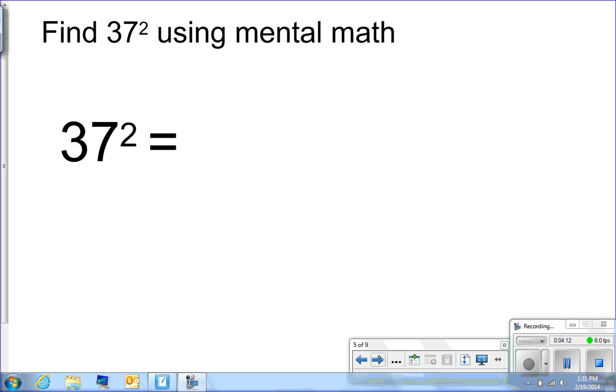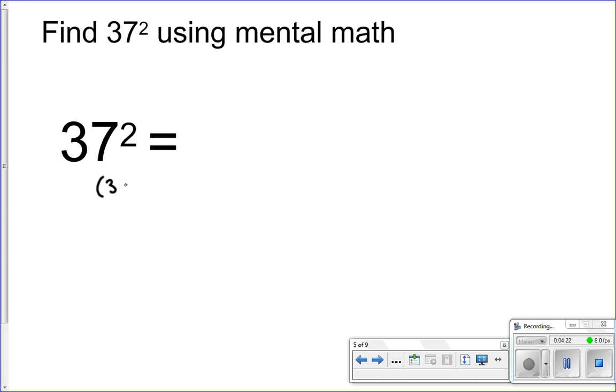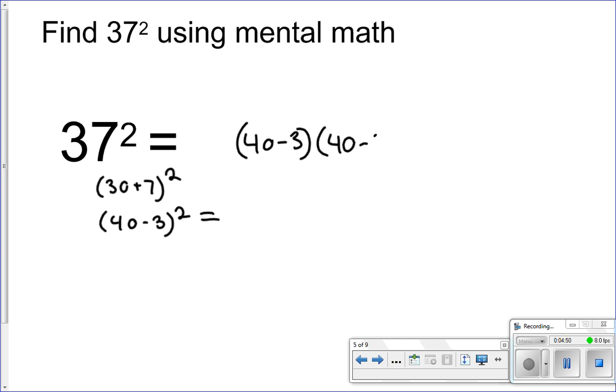Okay, so try this one on your own. If you're having trouble starting it, you could do it as (30 + 7) squared, or you could do this as (40 - 3) squared. Both of those will give you the same answer. I personally am going to do (40 - 3) squared. And so I get (40 - 3) times (40 - 3).